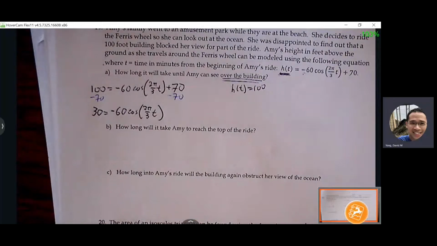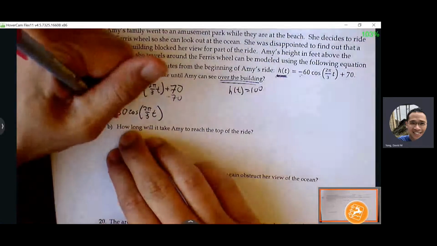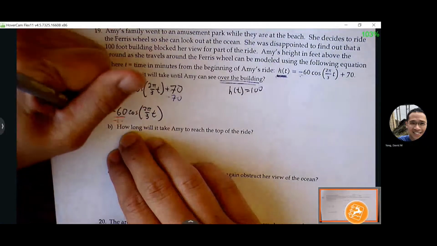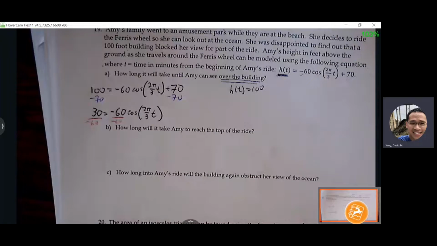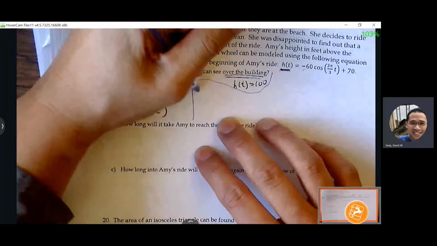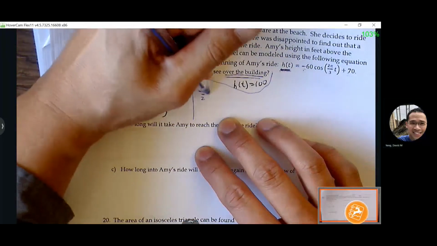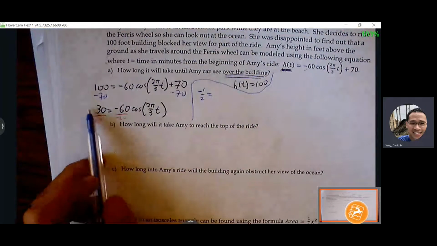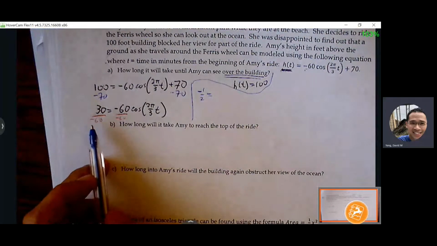Okay, what's next? Divide by negative 60. Negative 1/2. All right, the 60s cancel out. 30 divided by negative 60 is negative 1/2.